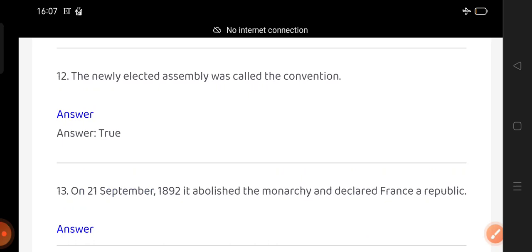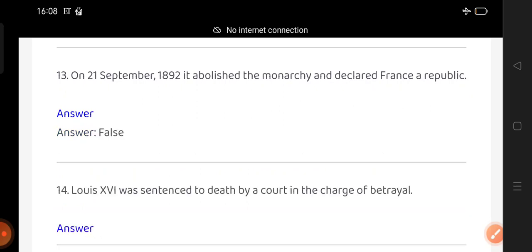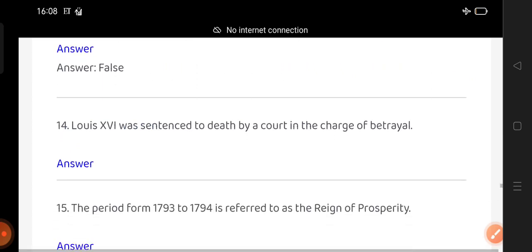On 21st September 1892, it abolished the monarchy and declared France a republic. True or false? Just see the question. 13 number. May I disclose the answer? Okay, false.